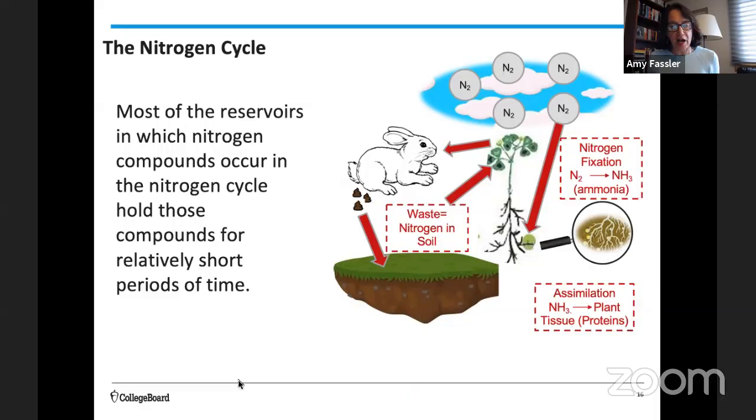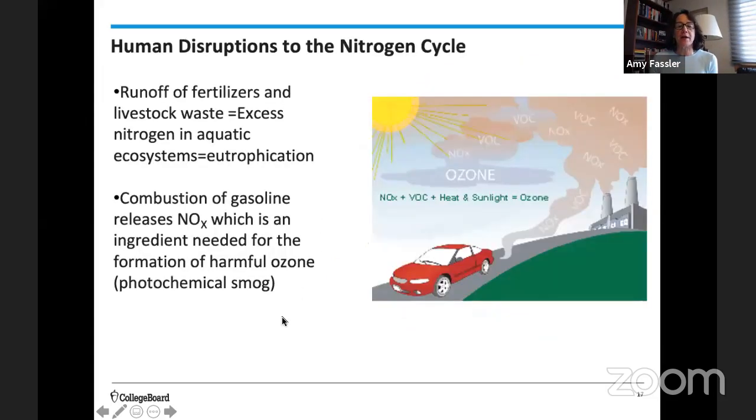Unlike the phosphorus cycle, where most of the reservoirs, like rocks and sediment, hold that phosphorus for a long period of time. But in the nitrogen cycle, that bunny is eating and pooping a couple times a day, so they're holding that nitrogen for short periods of time.